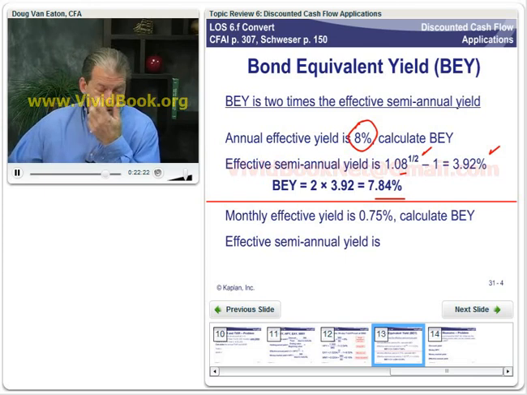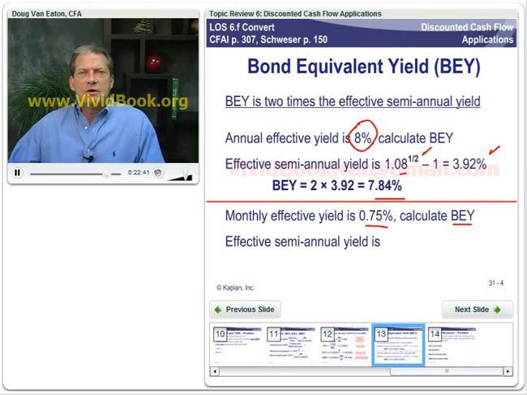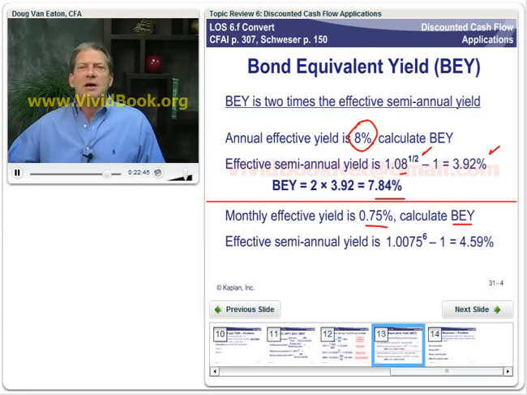Now, one last application of this bond equivalent yield: sometimes we'll have securities that pay monthly. Mortgage-backed securities many times have a monthly yield. So say our monthly effective yield is 0.75%. Calculate the BEY. Again, as soon as we want the bond equivalent yield, we've got to figure out our effective semi-annual yield. In this case, we have a monthly yield, so we need to compound that monthly yield for 6 months.